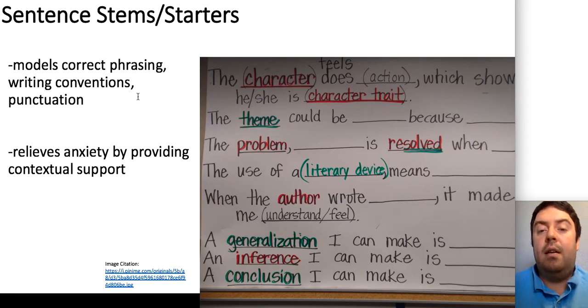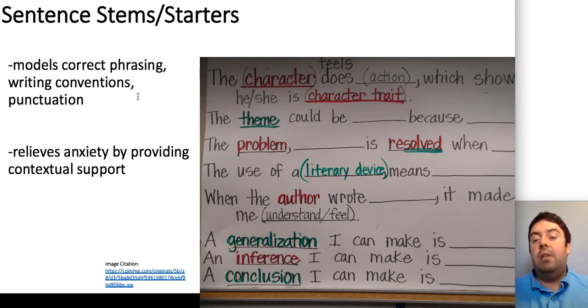Another great scaffold for English language learners is to provide them with sentence stems, or another term for this is sentence starters. So sentence stems or sentence starters provide a model of correct English phrasing. And it also helps students to see a model of correct punctuation and also syntax.